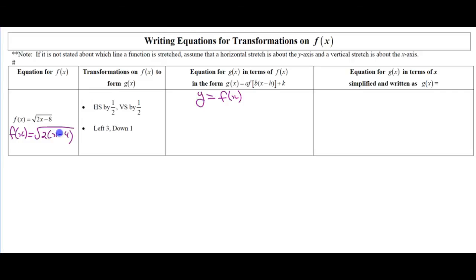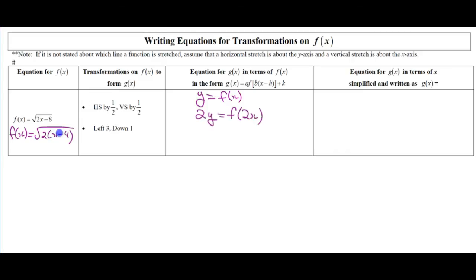So we're just going to do the general transformations on f of x, right? And then here, we'll do the specific transformations on the actual equation. Okay. What do we got? Horizontal stretch by a half and a vertical stretch by a half. I could do those on the same line because one is on y and one is on x. So it's going to be 2y is equal to f of 2x.